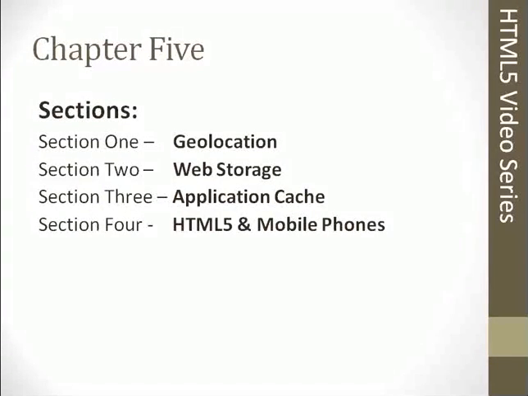If you wanted to put a welcome message like "Welcome Bob" at the top of the website, you could get the user's name and then display it. And then we're going to learn about application cache, which is all about offline pages, so we can cache our sites, our pages, so that people can access them even without an internet connection.